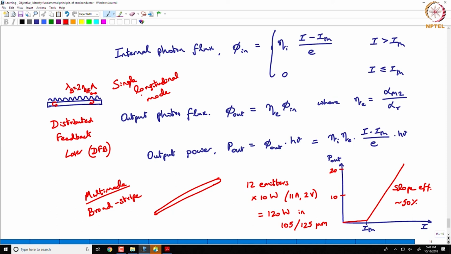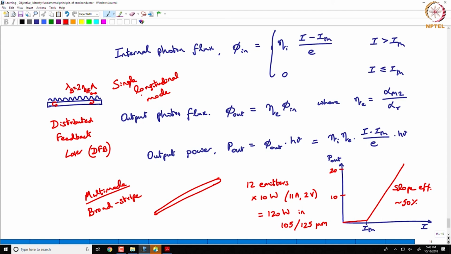Okay. But you can get some special properties with these types of lasers, which is just an extension of a regular Fabry-Perot cavity. Everything else is the same, except that you have put this grating over that active region. So, it provides feedback only for one wavelength. Okay, every other wavelength it's feeling loss.